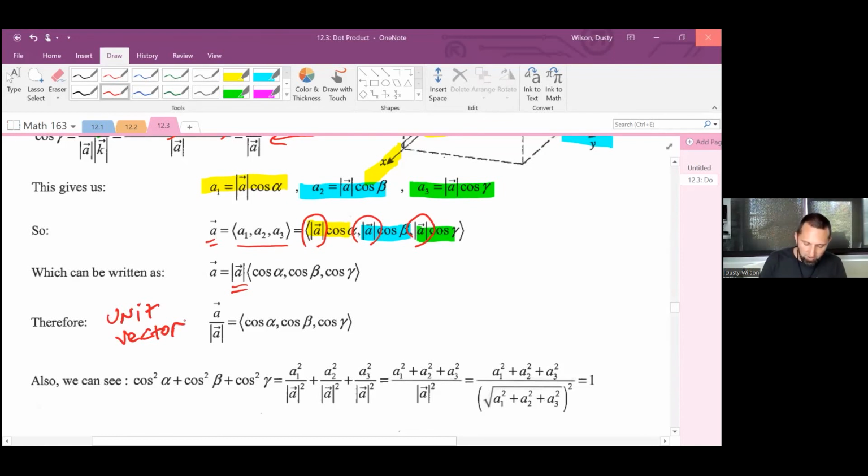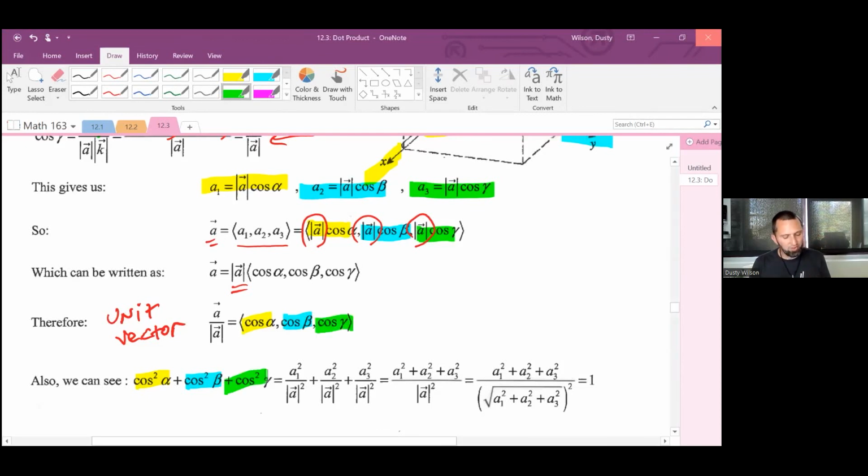So on the right, we see cosine alpha, cosine beta, cosine gamma, and we can find the dot product of this thing with itself, or find the magnitude of the vector squared. And so here you have cosine alpha squared plus cosine beta squared plus cosine gamma squared.